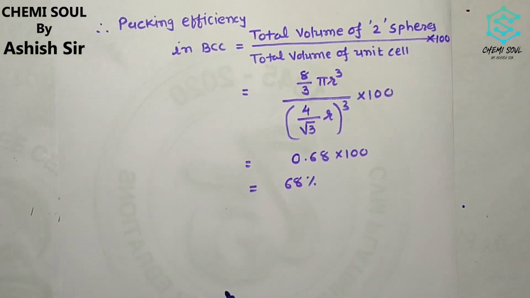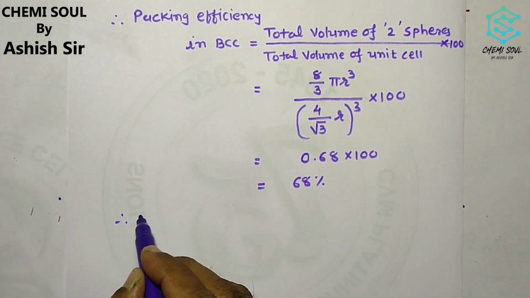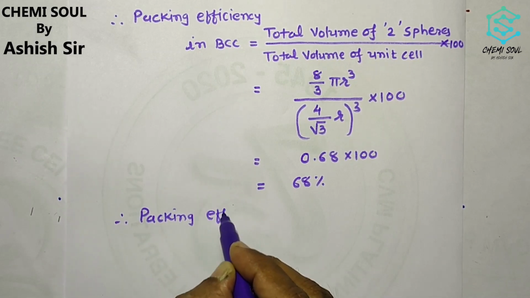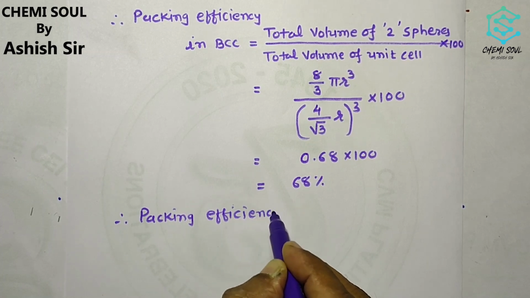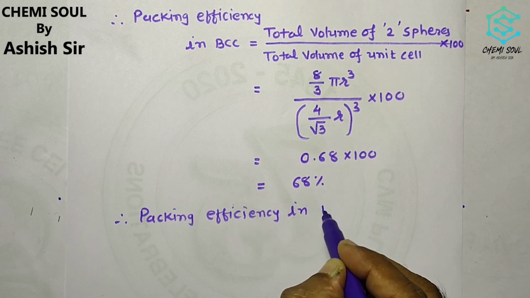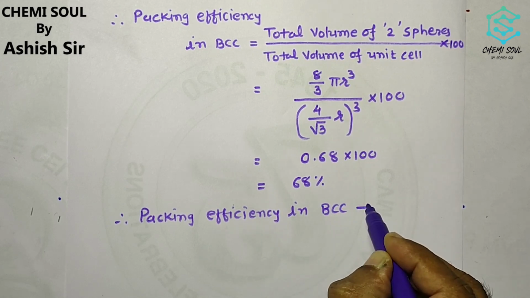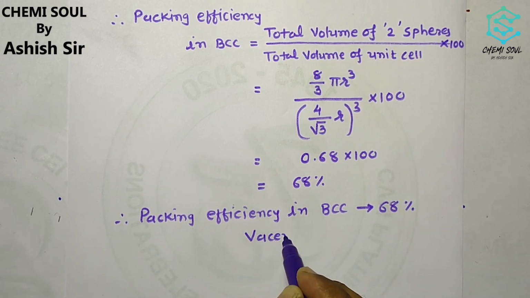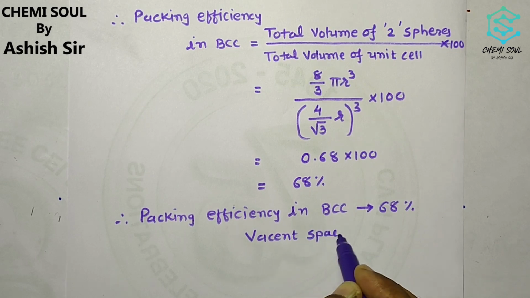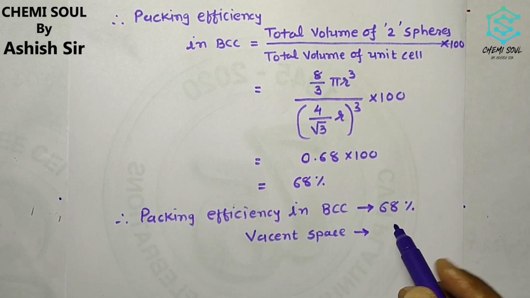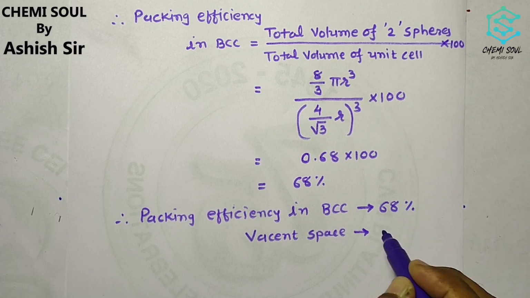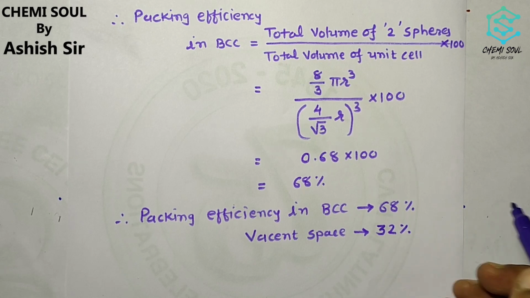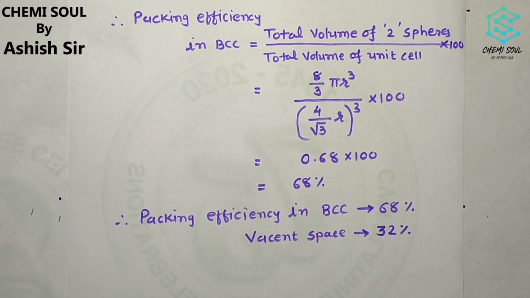So friends, what we have seen is that the packing efficiency in the BCC structure is 68%, and the vacant space which is not covered by the spheres is 100 minus 68, meaning 32%. In the previous lecture we saw the packing efficiency in SCP.